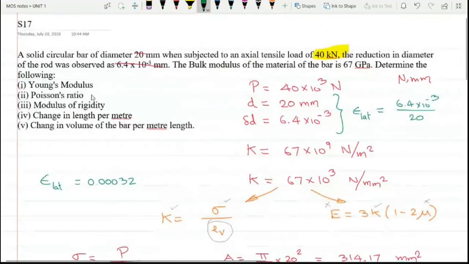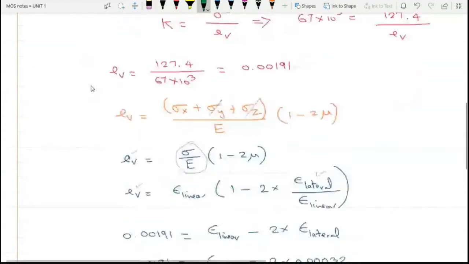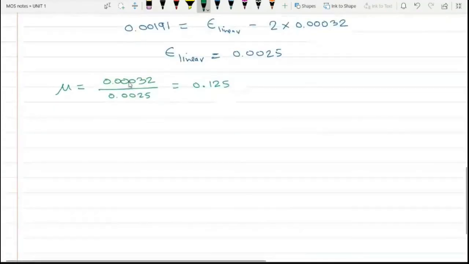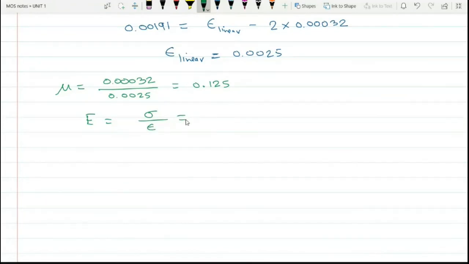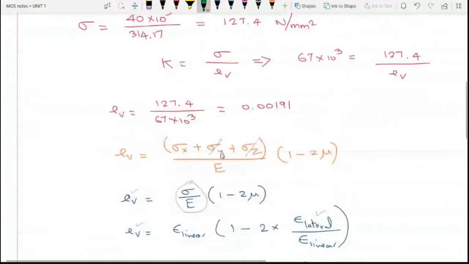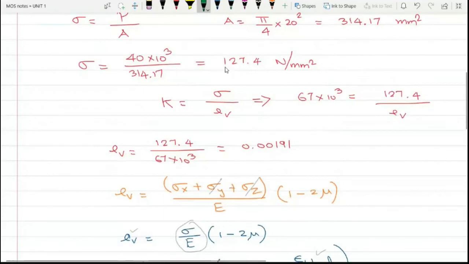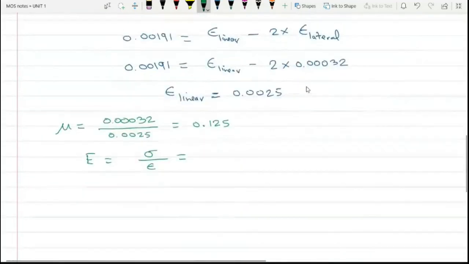So this is over. Now I can also identify Young's modulus. That is also easy because Young's modulus E is stress by strain. Strain is linear here, and we know the stress value, which is already identified as 127.4.